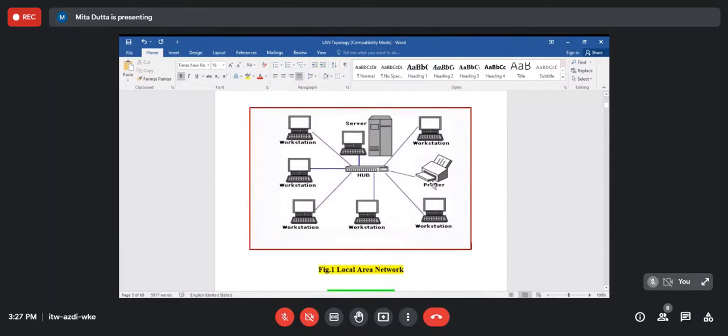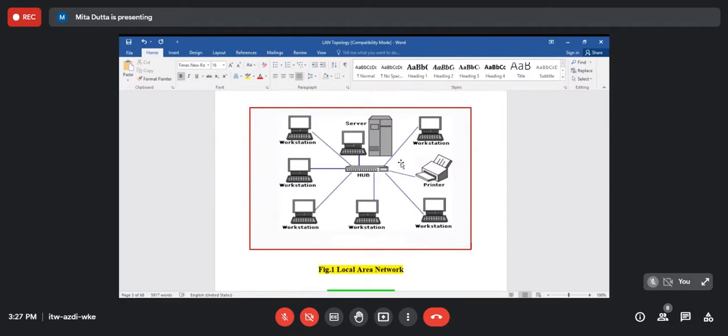In a local area network, we have one computer which is known as a server, and the other computers connected in the network are known as workstations or nodes.